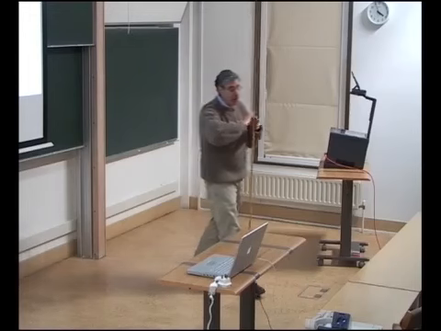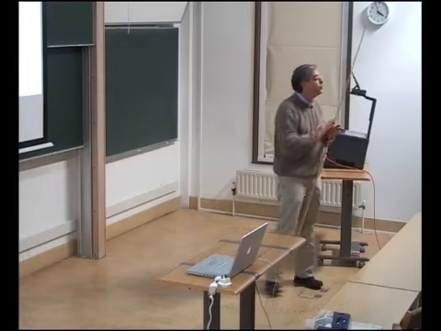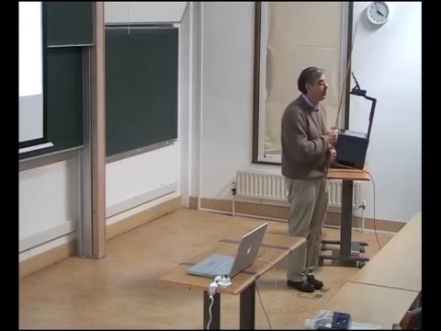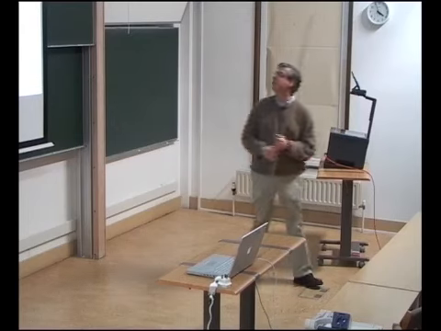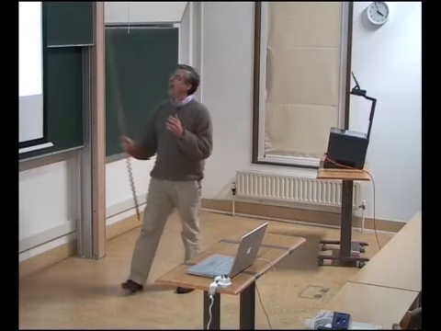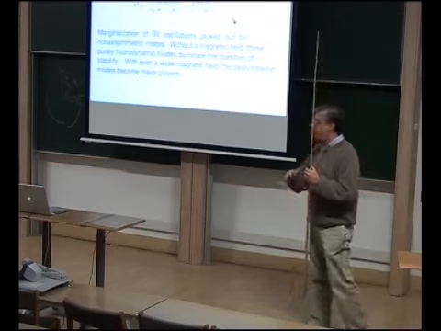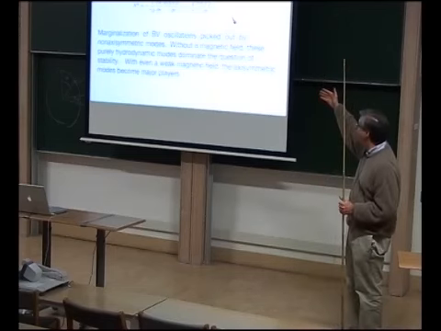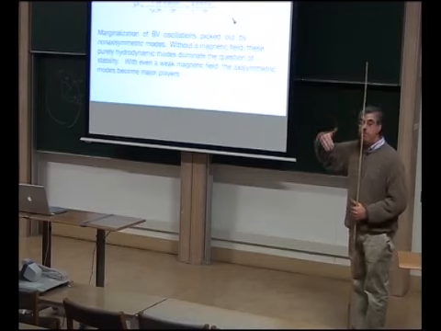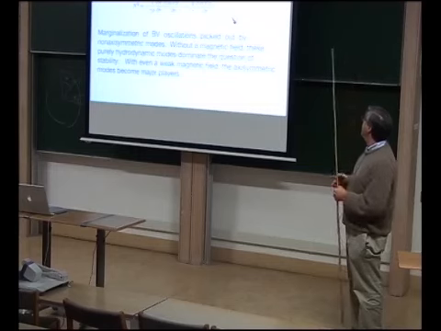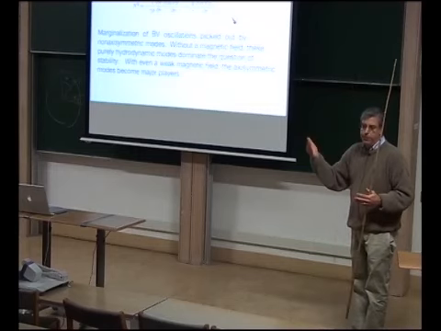And you see that the N squared appears by itself coupled to the non-axisymmetric modes. So to ensure stability both to rotationally induced modes and to convectively induced modes, I need to make sure that both the axisymmetric and the non-axisymmetric instabilities have been marginalized.